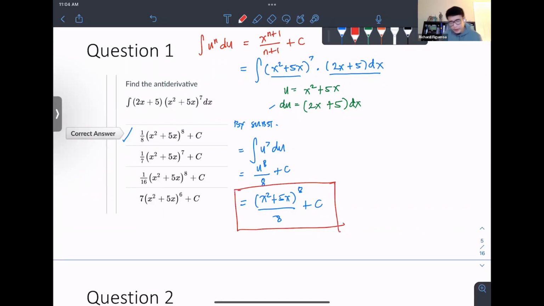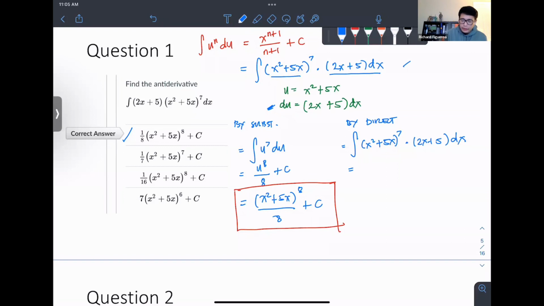Although there's no difference, by the direct method it's the same thing. So our u is x squared plus 5x raised to 7 raised to n, and then multiplied with our derivative du, which is 2x plus 5 dx, which is exactly the original integrand. Thus, there's no need for a neutralizing factor.